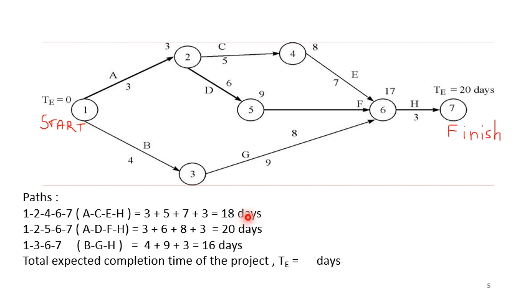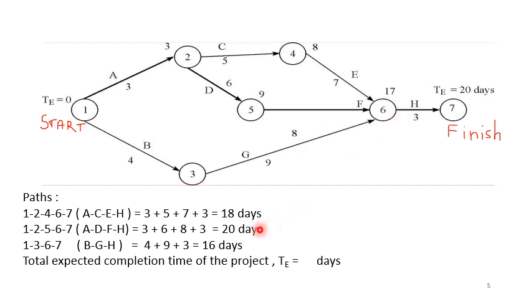Now if you take the next path, again 1 to 2, 2 to 5, 5 to 6, and 6 to 7, or ADFH. If you add all the individual activity times, 3 plus 6 is 9, 9 plus 8 is 17, 17 plus 3 is 20, 20 days.